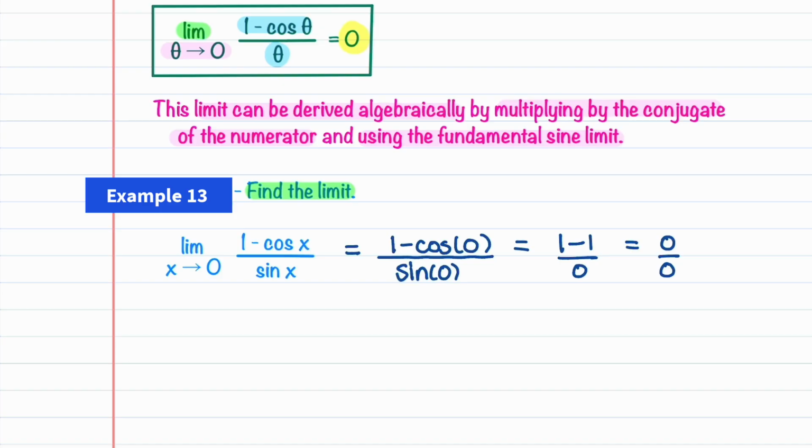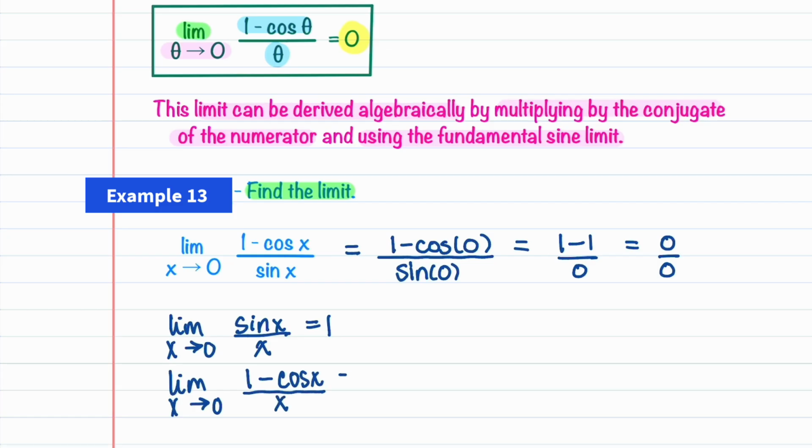To evaluate this limit, we have to use two things. The first limit that we can use is the limit as x goes to 0, sine x all over x is equal to 1, and then the one that we just saw above, the limit as x goes to 0 of 1 minus cosine x, all divided by x is equal to 0.